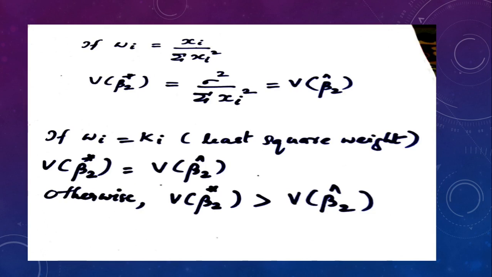Otherwise, we can see that variance of beta 2 star is greater than variance of beta 2 hat. So, in the last equation, we found that variance of beta 2 star is greater if wi is not equal to ki. If wi is equal to ki, then variance of beta 2 star becomes equal to the variance of beta 2 hat.